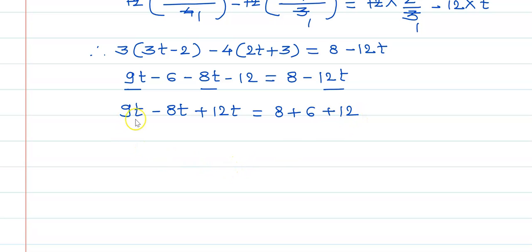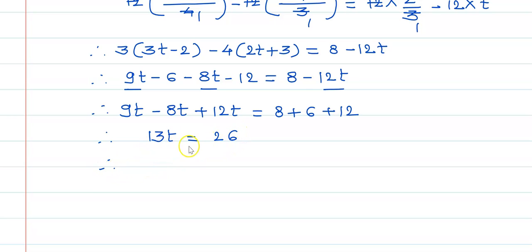Okay, now 9t minus 8t plus 12t, here you will get 13t. And 12 plus 8, 20, plus 6, overall you will get 26.